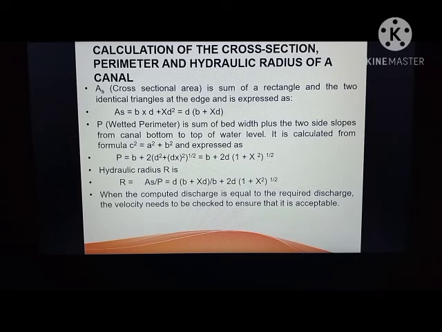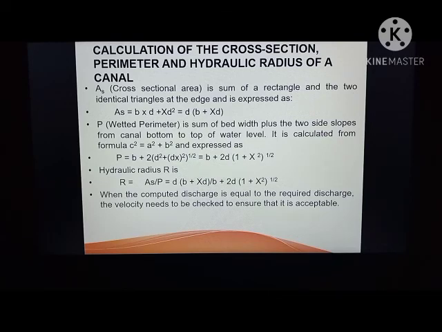This is calculated from the formula C squared equals A squared plus B squared and expressed as perimeter equals B plus 2 multiplied by the quantity of D squared plus DX squared raised to 1/2, equals B plus 2D multiplied by the quantity of 1 plus X squared raised to 1/2.